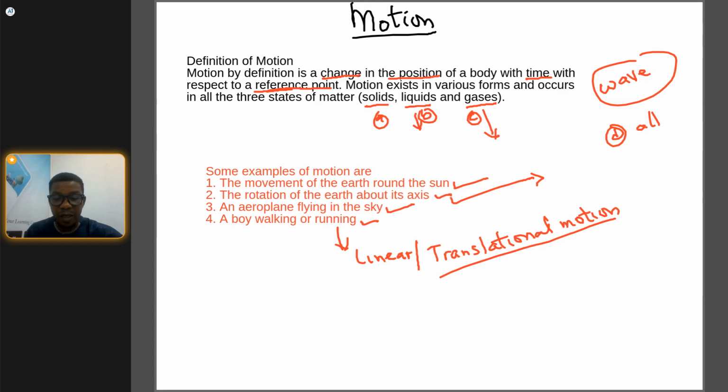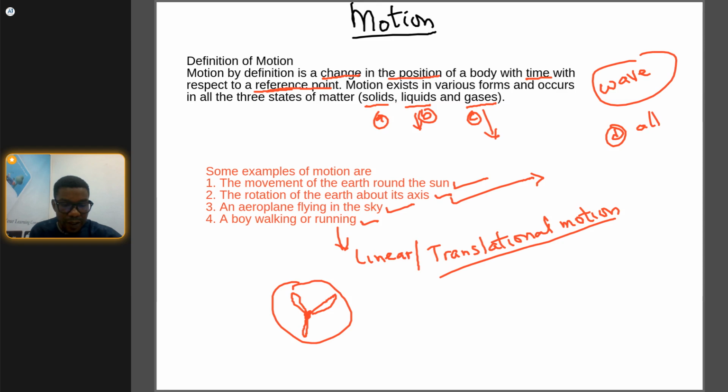If you are to use a very close example, let's make use of the fan in our house. The fan in our house has an axis. Let's say this is a fan, and we have the three blades, and there's a point here, and this keeps moving in a round movement, but it does not leave its position from this point of axis.